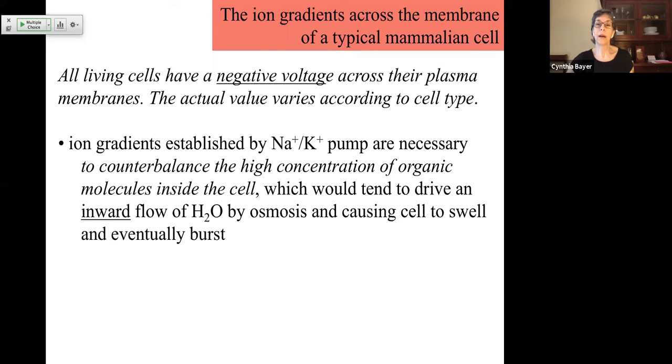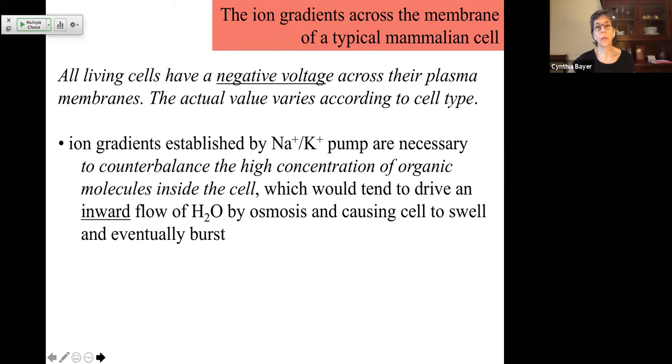And these ion gradients are essential to counterbalance the large amount of molecules that are inside the cell and maintain a balance of solutes outside the cell and inside the cell to prevent water from constantly flowing into our cells, which would result in our cells swelling and eventually bursting.